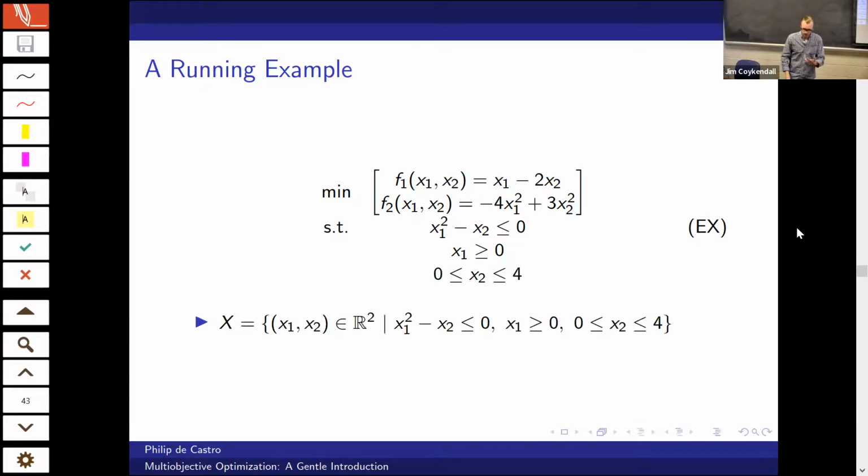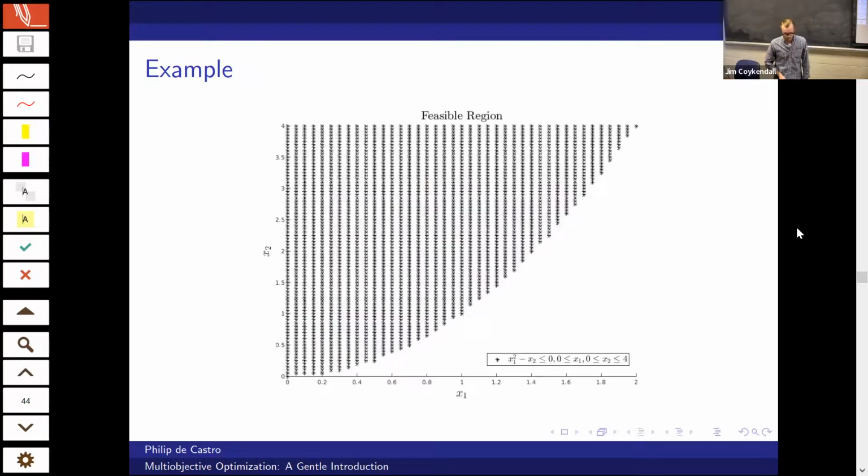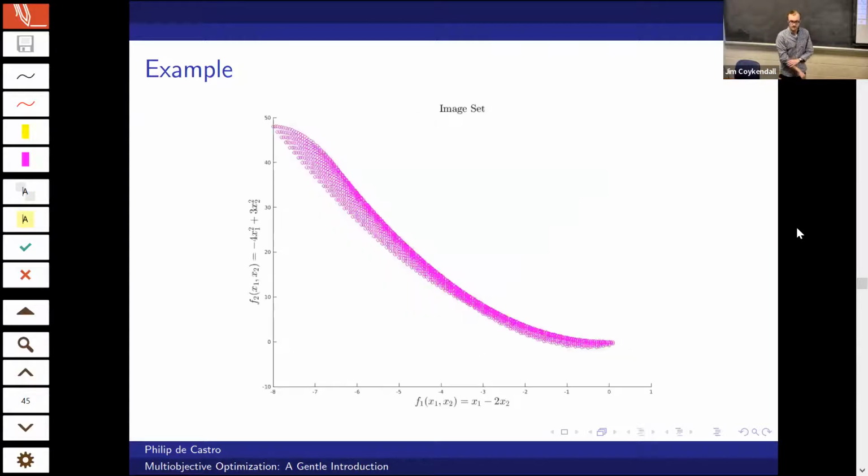We're going to let X, our decision space, be that feasible region, whatever everything is subject to. There's our feasible region. We have a parabola, bounded above by 4 and bounded to the left by 0, and we take everything above that parabola. Then if we look at the image space, the criterion space, this is what it looks like.